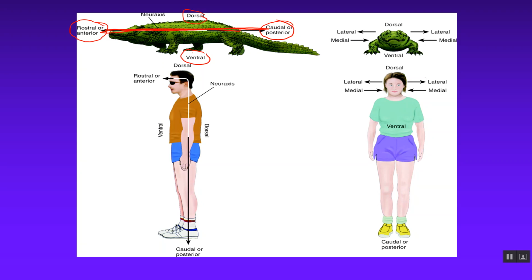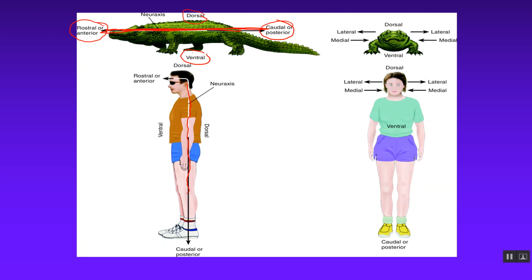Our neuraxis goes straight up and follows the body axis for the most part, but once you get to the cranium, it flexes. We call this the cervical flexure. When we talk about development of the nervous system, the brain starts to grow and tilts over on top of the spinal cord and brainstem. So the neuraxis starts out straight like this in utero, but as the brain develops, it flexes like that.